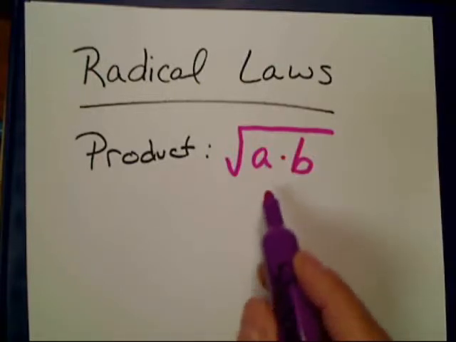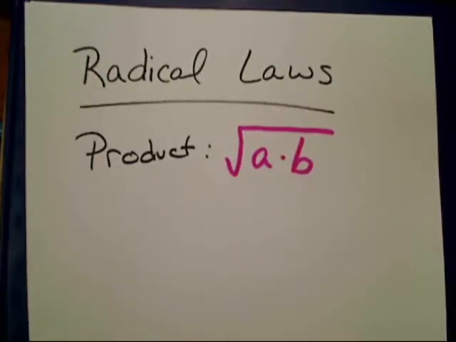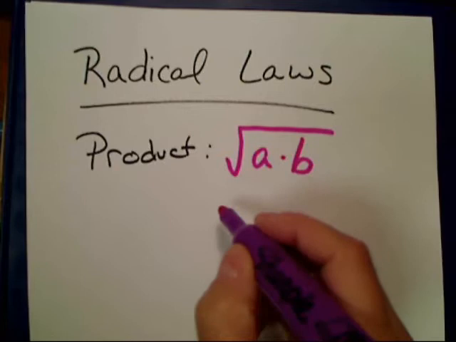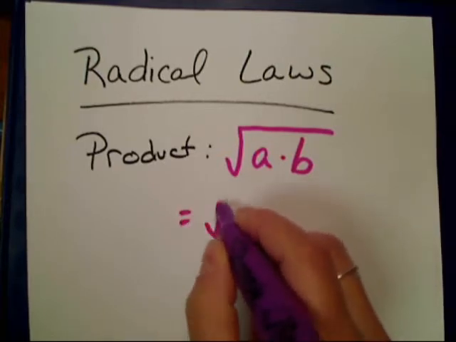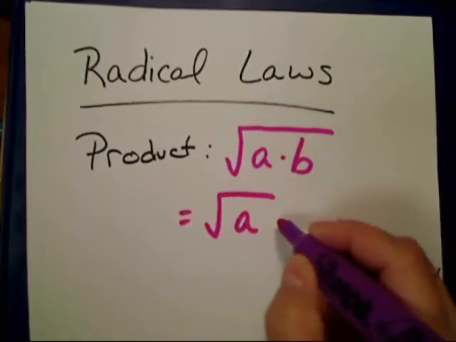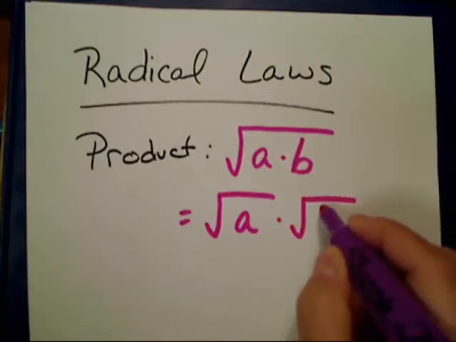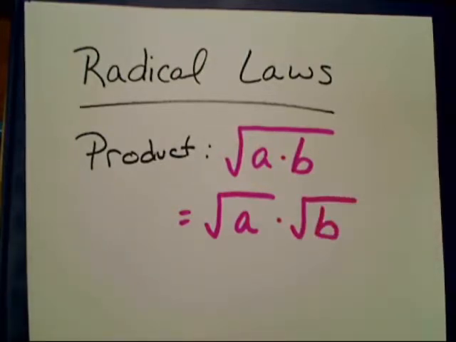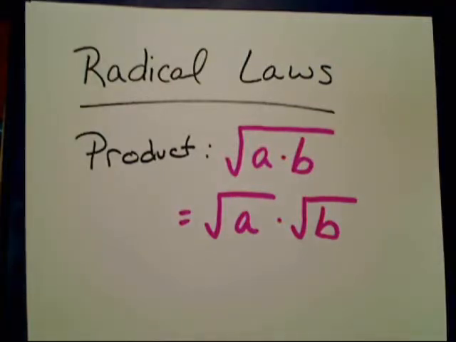So I have 2 numbers being multiplied together underneath my radical. The product law allows me to separate those into 2 radicals that are still being multiplied. This helps us with some simplification that we'll show you in just a bit.